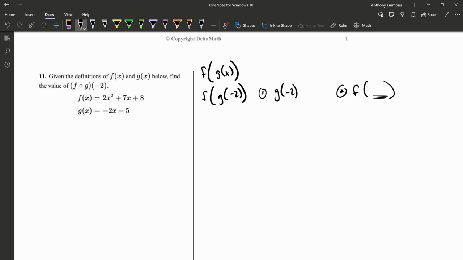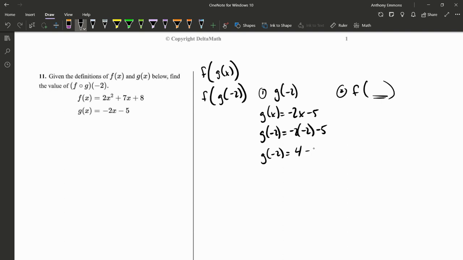Let's work on that first. Number 1, g of negative 2. g of x equals negative 2 times x minus 5. So g of negative 2 is equal to negative 2, replacing the x with a negative 2, minus 5.